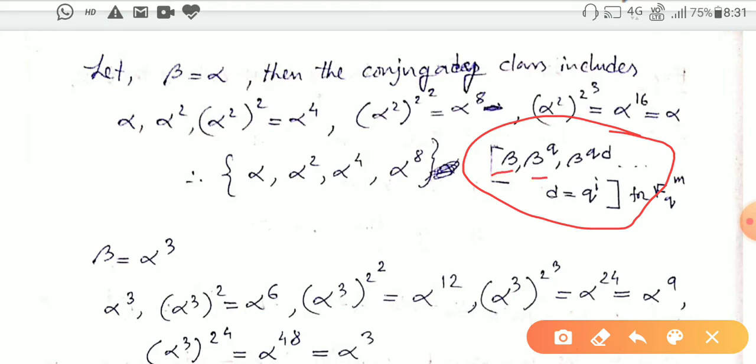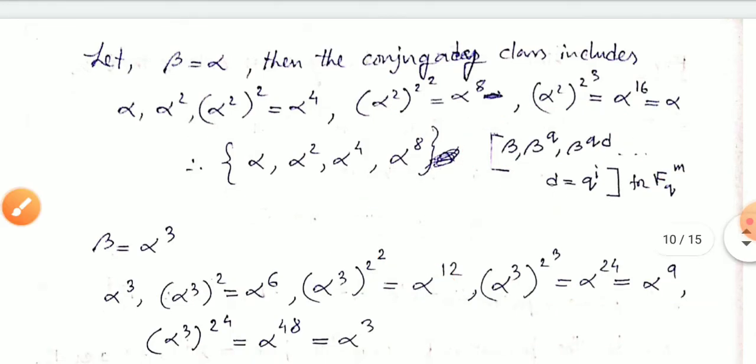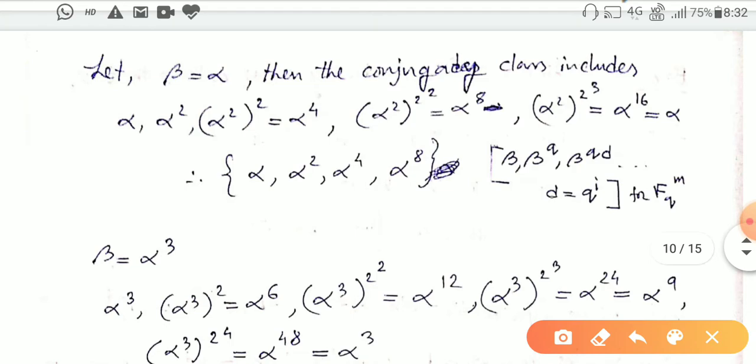Q means the mod operation that is being done there. This is F2 of 4, so the value of q is 2. And d is any kind of integer number, so d is written in the form of q to the power of i, it can be 1, 2, 3, whatever.